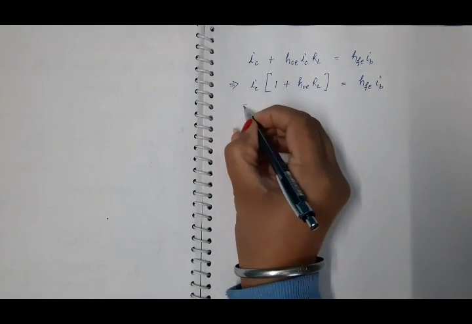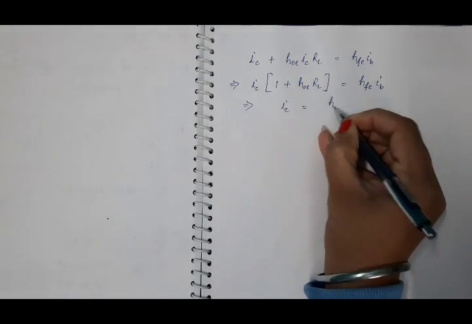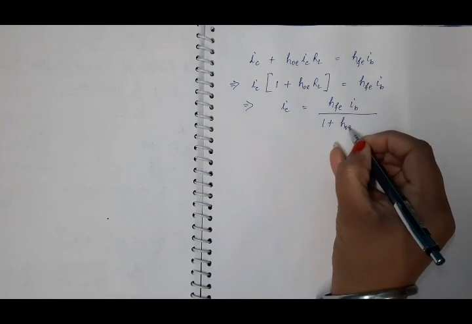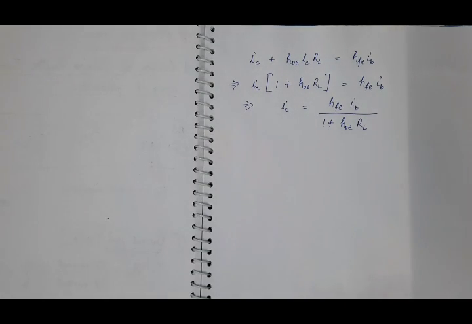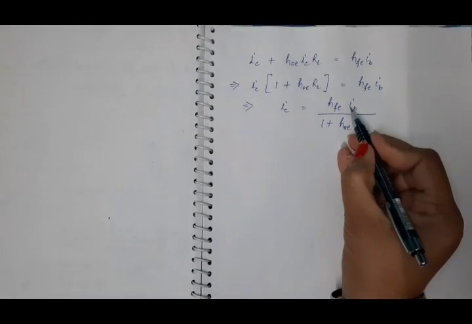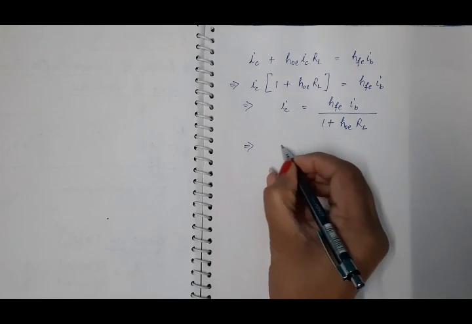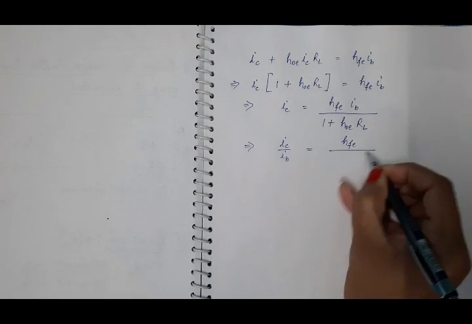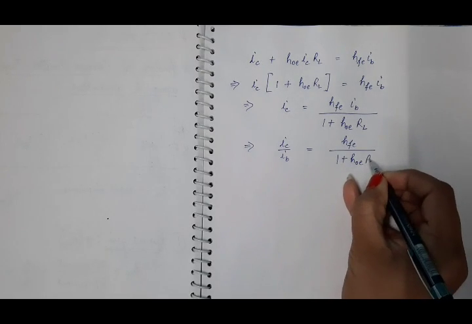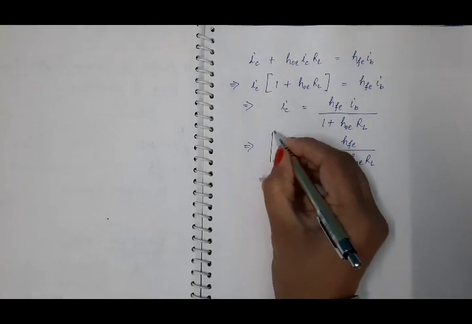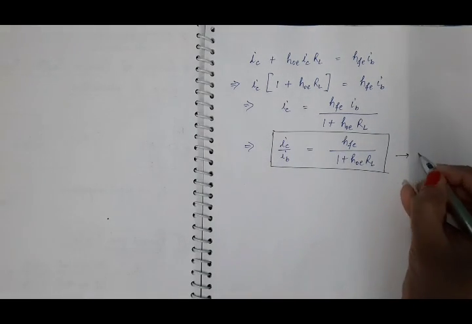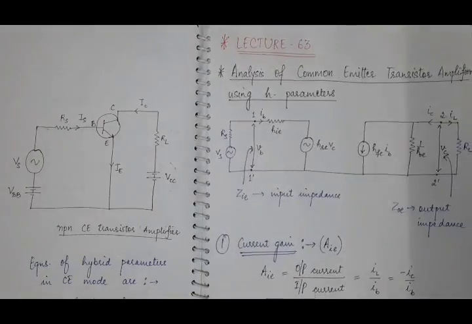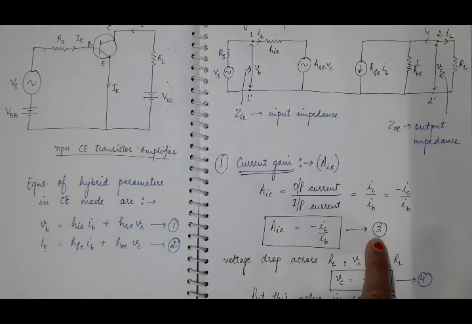Now find the value of IC. It is HFE IB upon 1 plus HOE RL, and what we have to find is the ratio IC by IB. So move this IB to this side and you will get the ratio IC by IB equal to HFE upon 1 plus HOE RL. Suppose this is equation 5, and put this value in the expression of current gain, which is our equation 3.